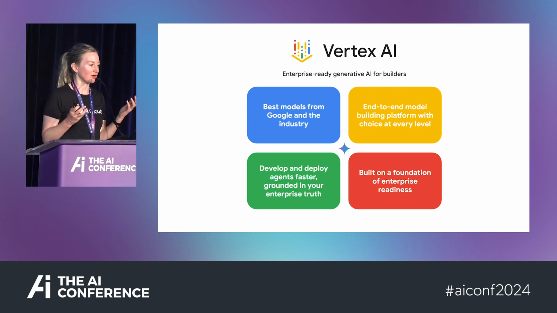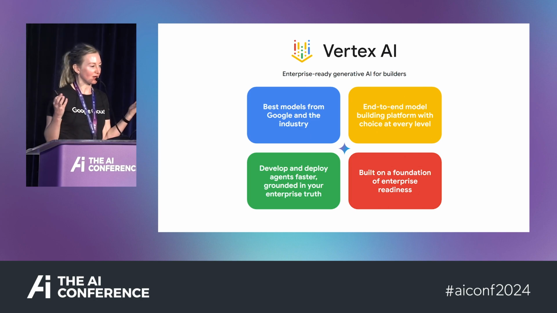It's really important for us to bring you the great models that we build, but also the great models that our partners and other folks in the industry bring. We think that whatever model fits your use case is the one that we want to help you deploy your application with, and so we've strived to make the platform fairly agnostic in terms of the provenance of your model, as long as you can get it working on Vertex.